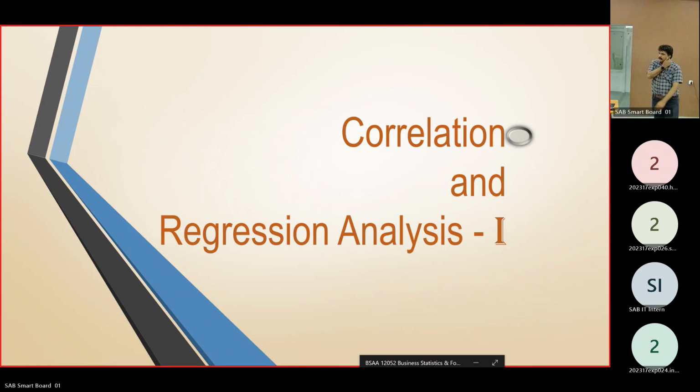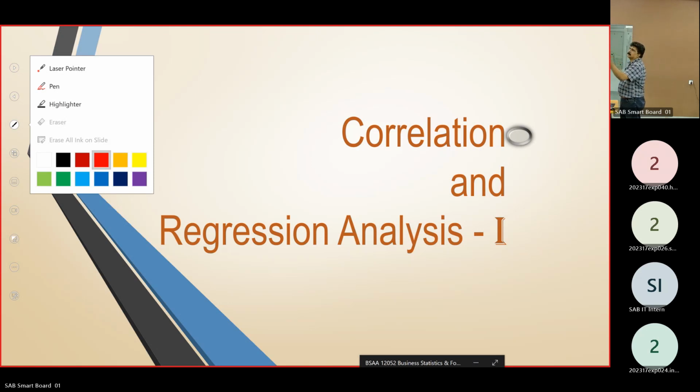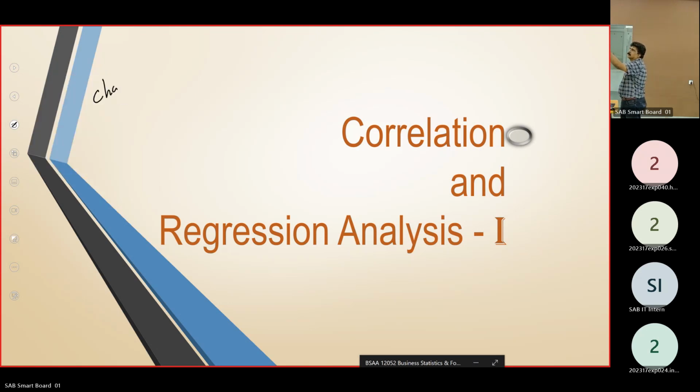Okay. Correlation and regression analysis. So that is chapter 3, correlation and regression. So that's a very easy chapter.